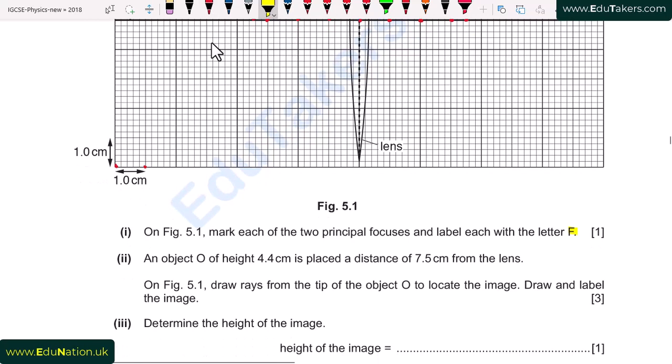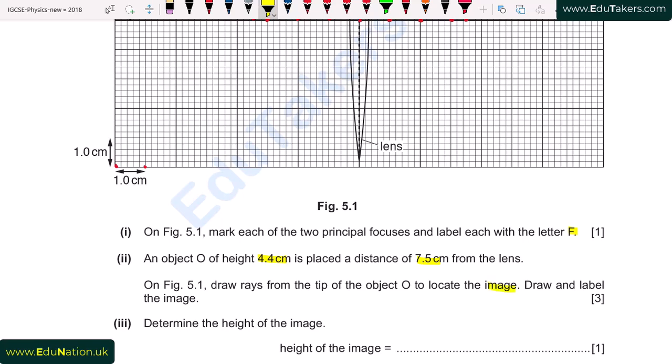Second part, an object O of height 4.4 cm is placed a distance of 7.5 cm from the lens. So here is the object O whose height is 4.4 cm and it is placed at a distance of 7.5 cm from the lens. On figure 5.1, draw rays from the tip of the object O to locate the image.